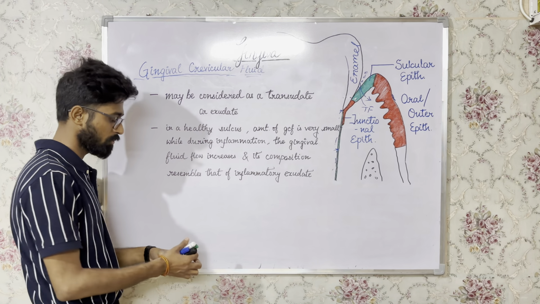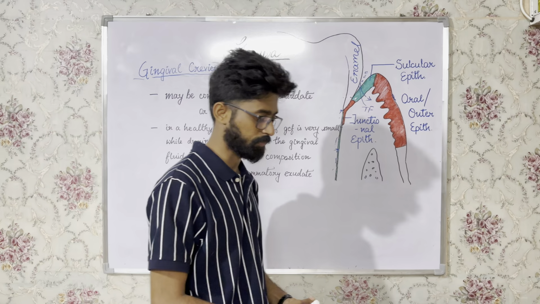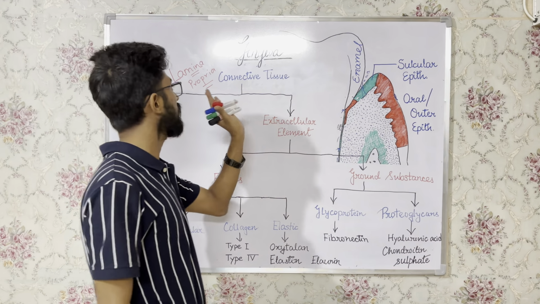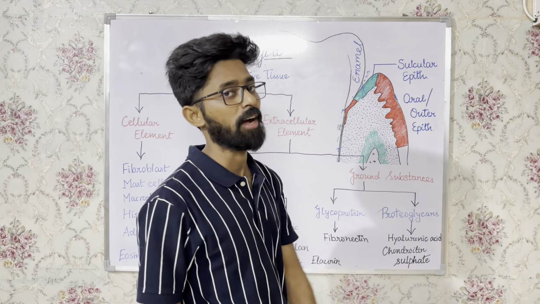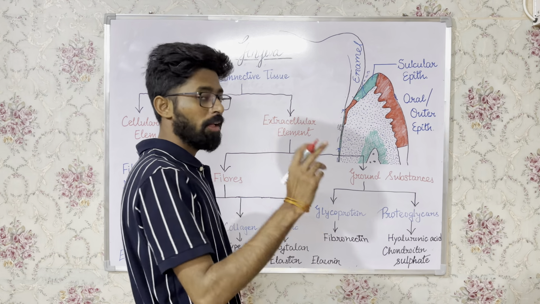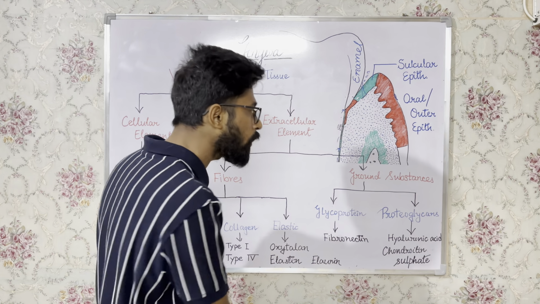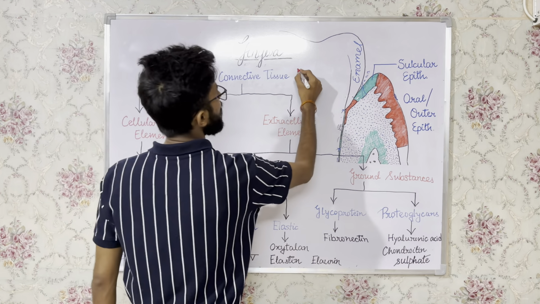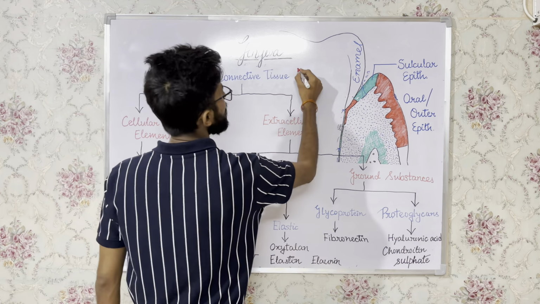Okay, next we will move to the gingival connective tissue. First point will be connective tissue of gingiva is called lamina propria. Next point will be connective tissue is divided into 2 layers. First is the papillary layer and the second is the reticular layer.